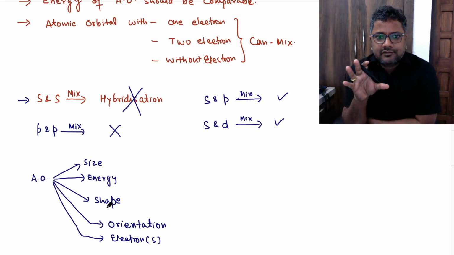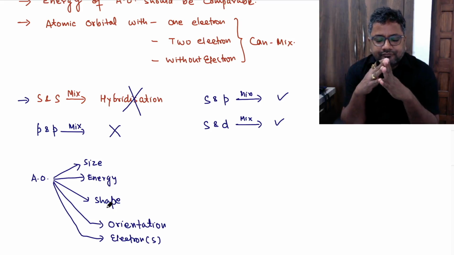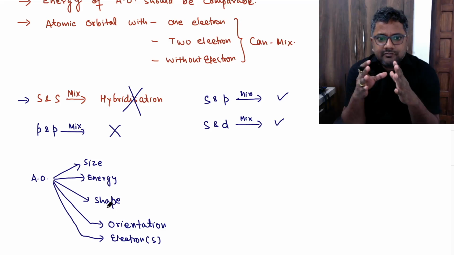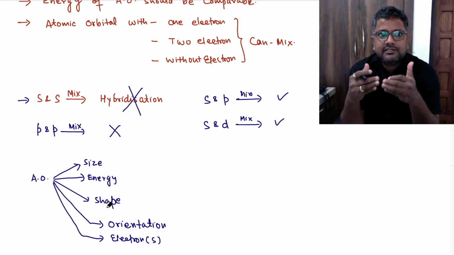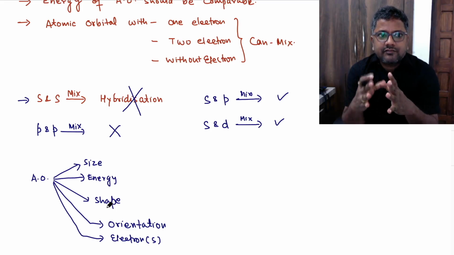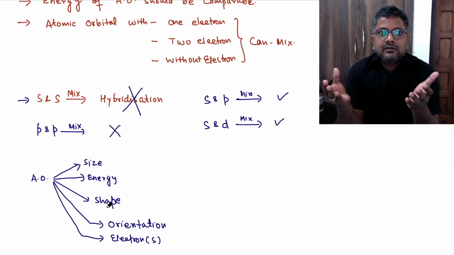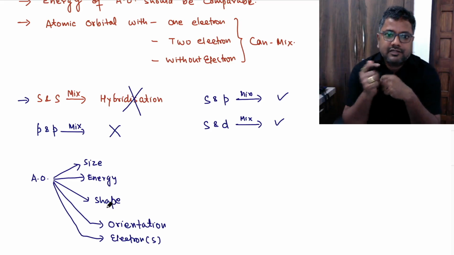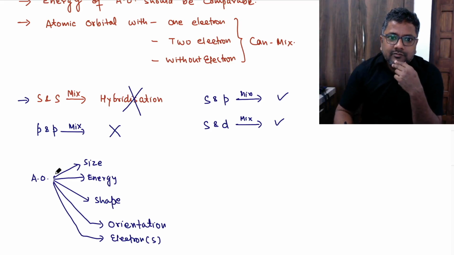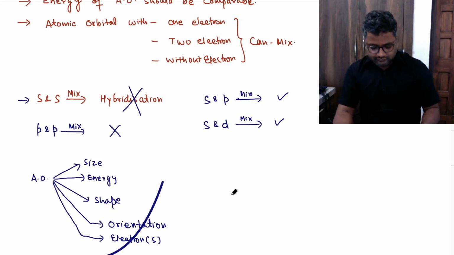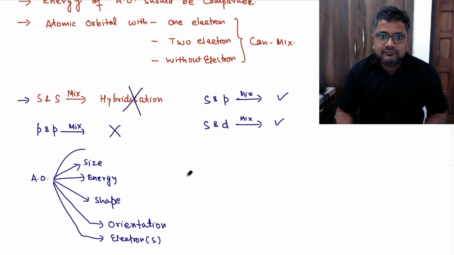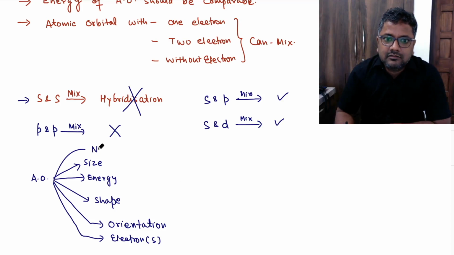So I have developed a concept, and in that concept I am explaining this hybridization on the basis of the conservation and non-conservation of the properties of atomic orbitals. And one more property I can add here, the number of atomic orbitals.